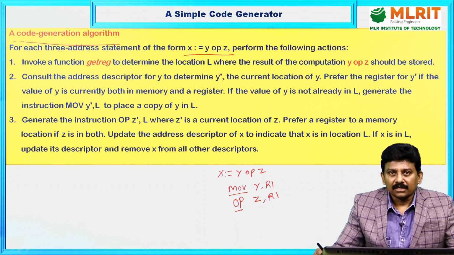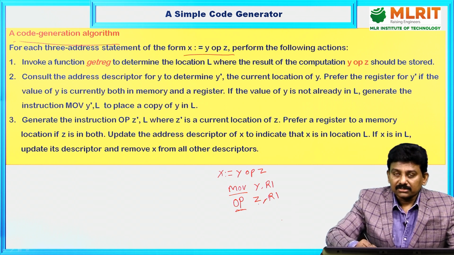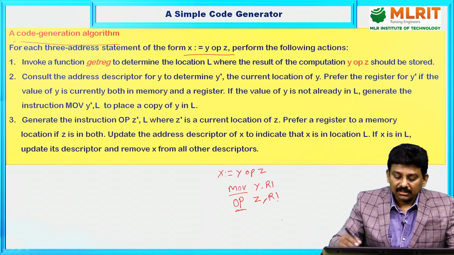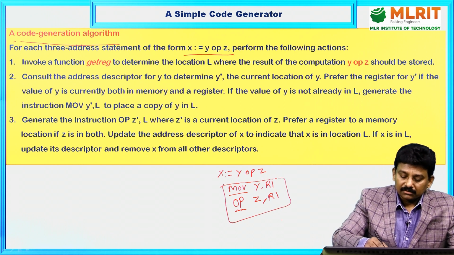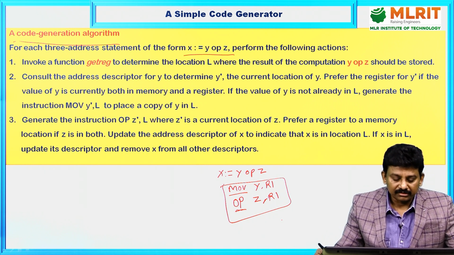The operation may be addition, multiplication, subtraction, any operation op z, r1, that is, the operation on z with the content of the register r1. This is the equivalent target code, that is, assembly code, for the given 3 address statement of the form x = y op z.